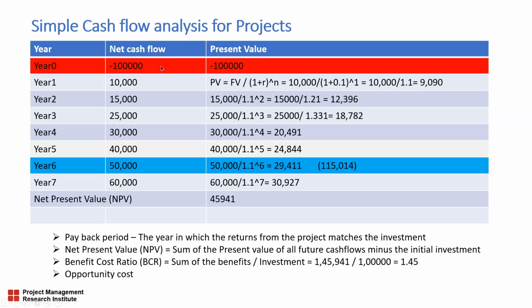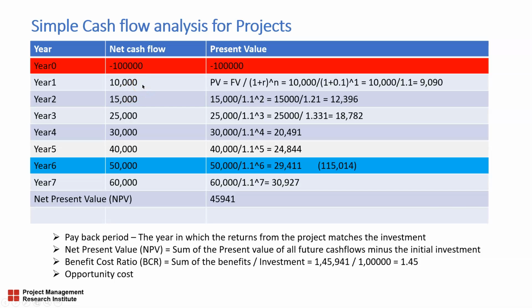So in year zero, this is the investment. I'm investing 100,000, so my present value is 100,000. I'm showing it as negative because it is a cash outflow, and there is no cash inflow because we are just starting the project. And in year one, we are forecasting a net cash flow, that is income minus expenses.